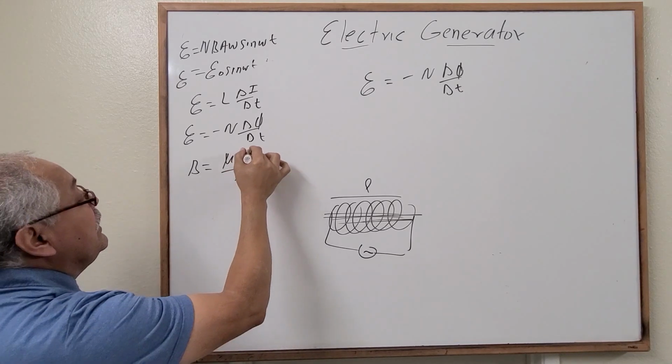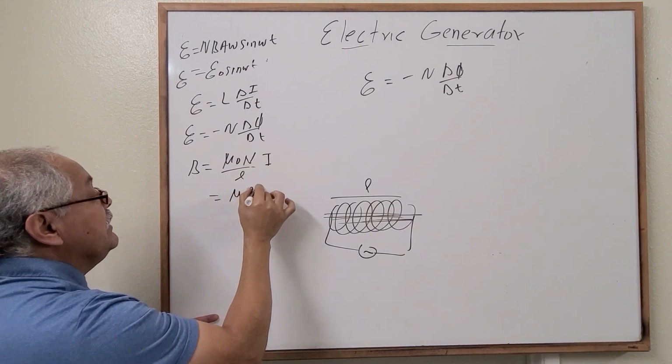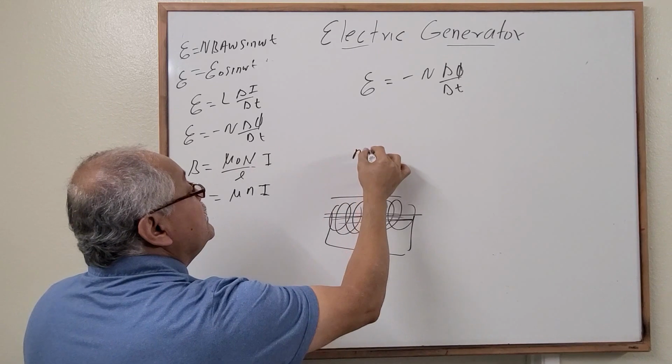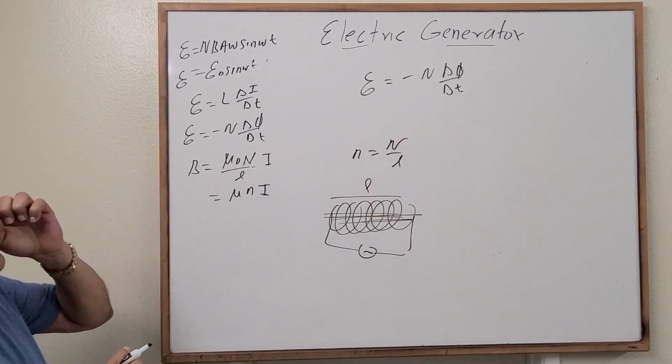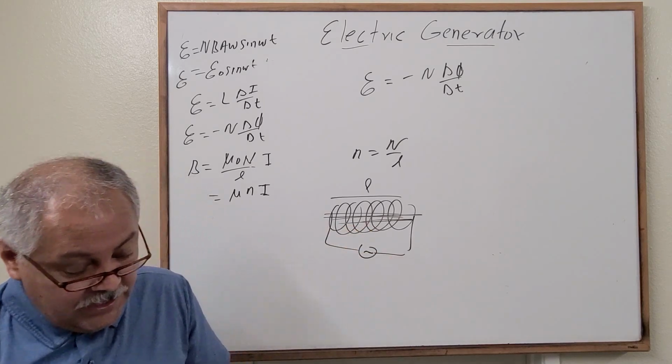Also, this quantity is represented by little n times the current, where little n is equal to the number of turns per length. This is for the inside of a solenoid. Okay, great.